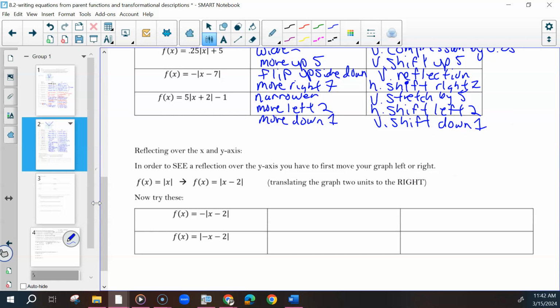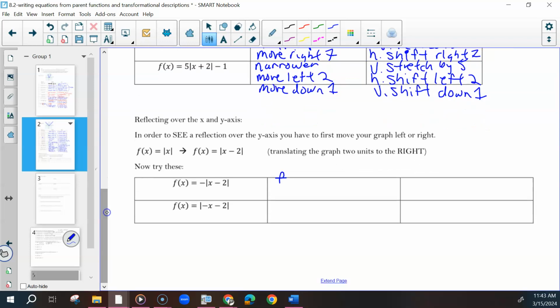Now, we talked about these different things. So this first one is going to be normal. What would this do? It would flip. And it would go to the right too, correct?